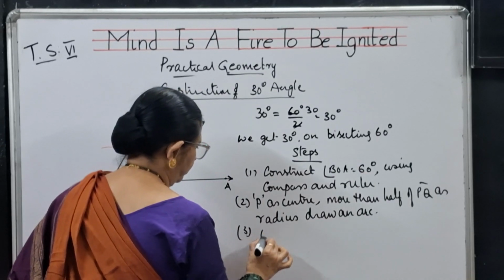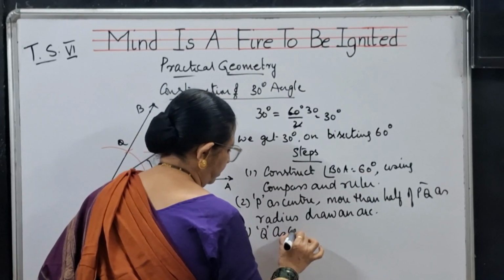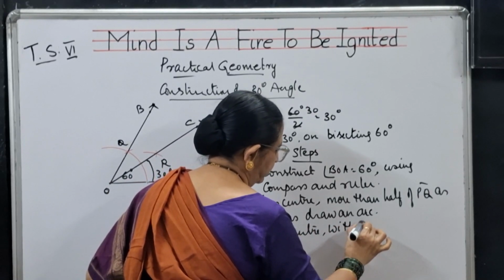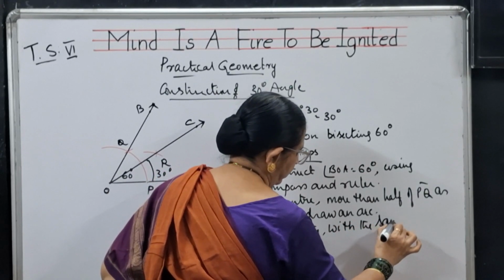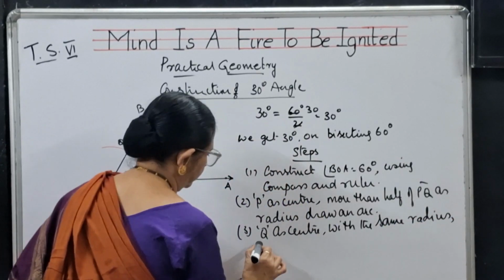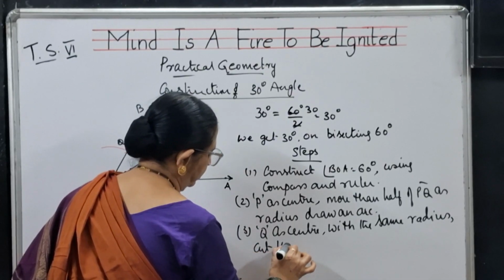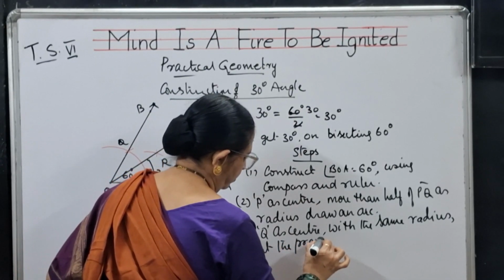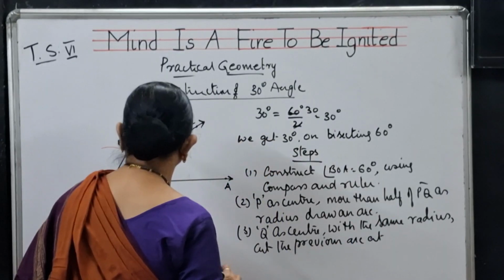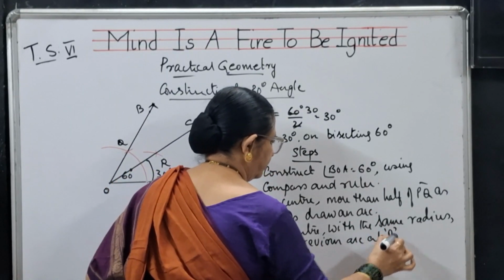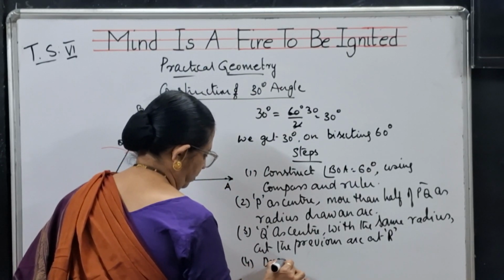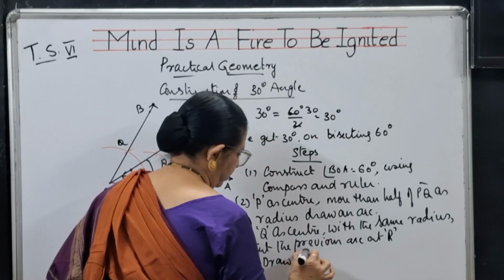Next, third point, Q as a center with the same radius, cut the previous arc at R. Fourth point, draw OR ray.